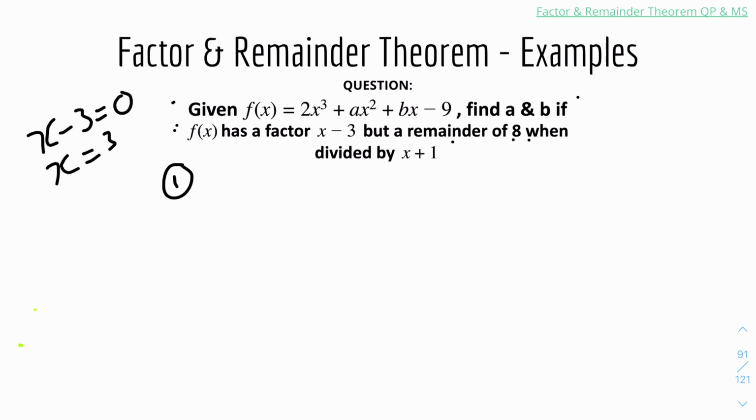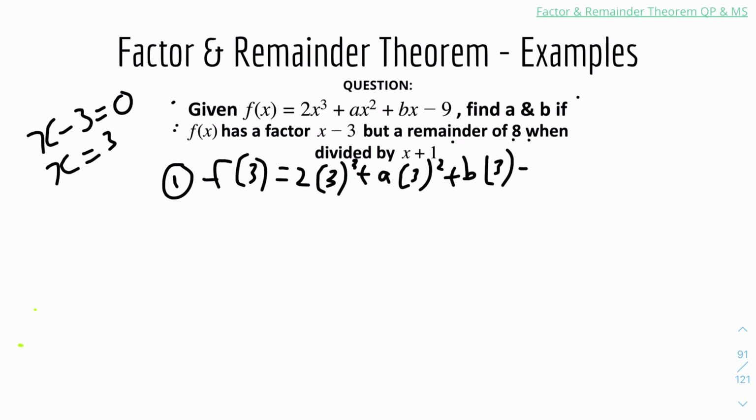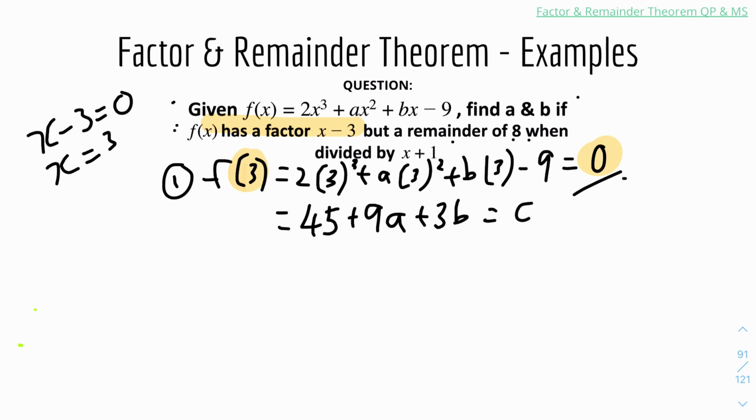So for number 1, f of 3 equals 2 times 3 to the power of 3 plus a times 3 squared plus b times 3 minus 9 equals 0. It's equal to 0 because it's a factor. If you expand the bracket out, it will be 45 plus 9a plus 3b equals 0.